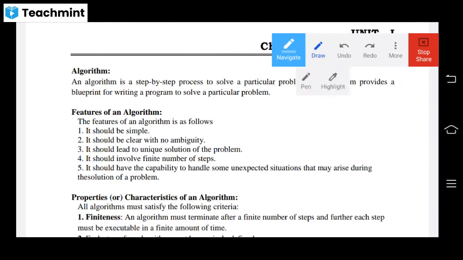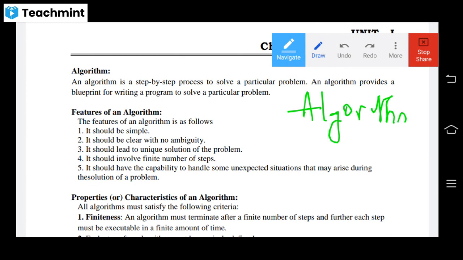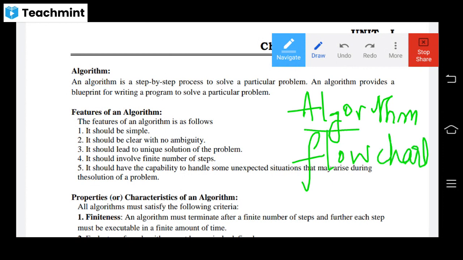Those are the algorithm, and another one is the flowchart. These play an important role before developing the coding.